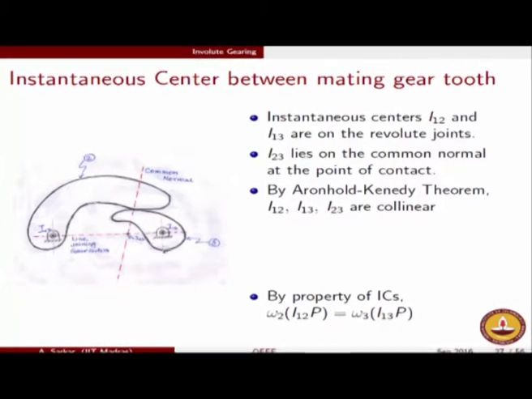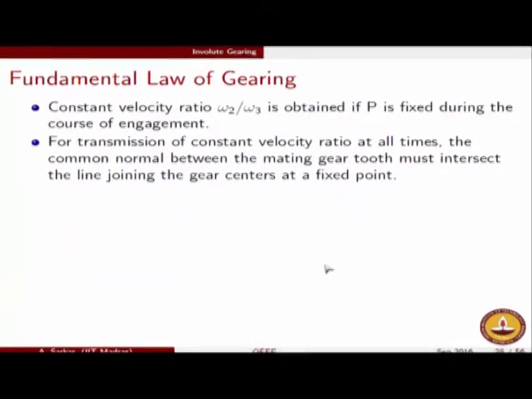This ratio will be fixed if and only if the point itself is fixed. If the point moves around on this line or on any other line, then it is not possible that this distance is going to be fixed. So, what we want therefore is that the point P has to be fixed during the course of engagement of the two meshing gear teeth.